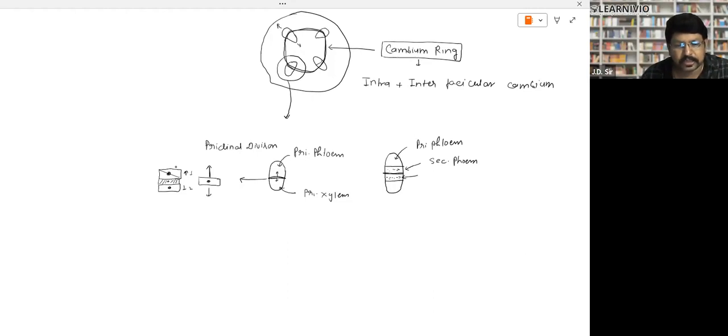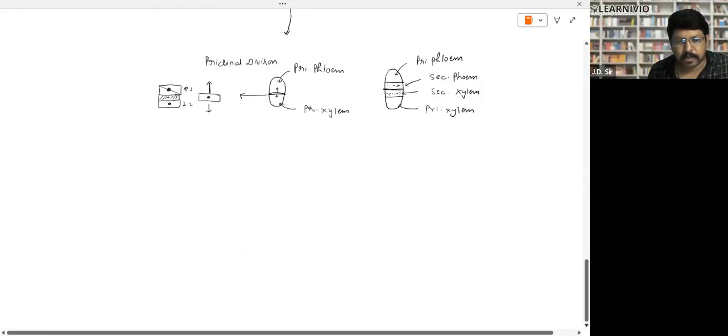We will call it secondary xylem, right? The secondary xylem has been added, and on the innermost side toward the core, what is already present is the primary xylem. So secondary phloem and secondary xylem will be added on.